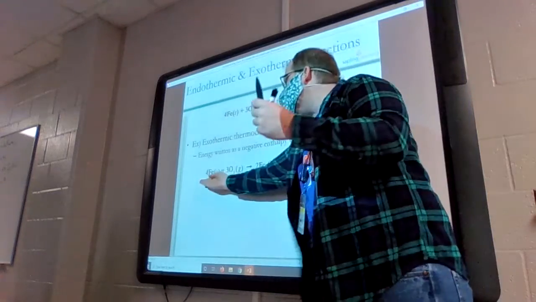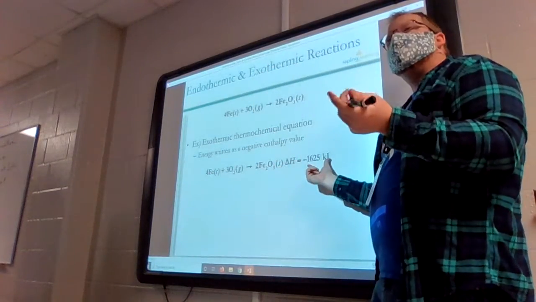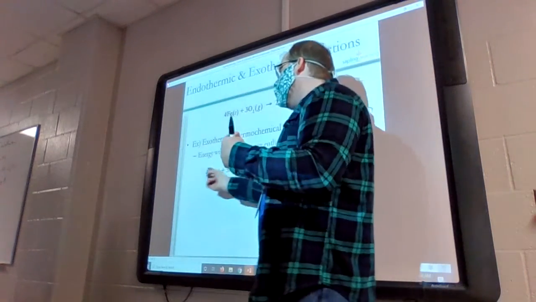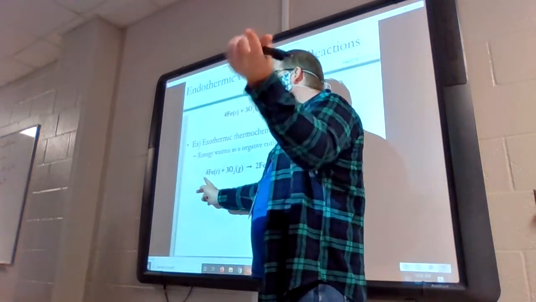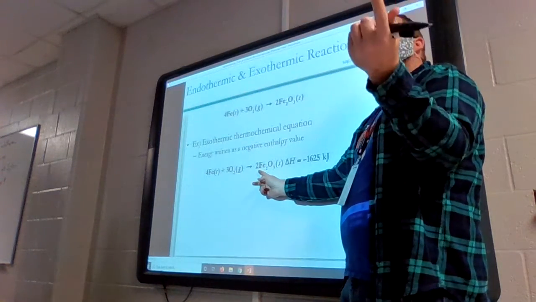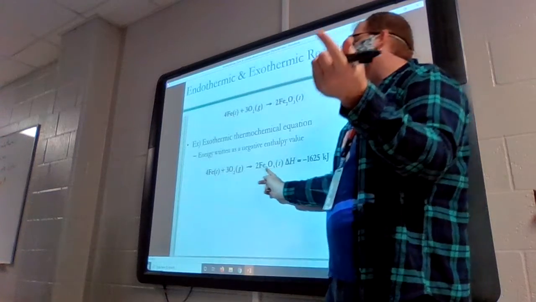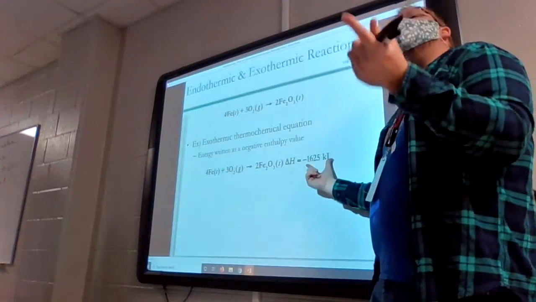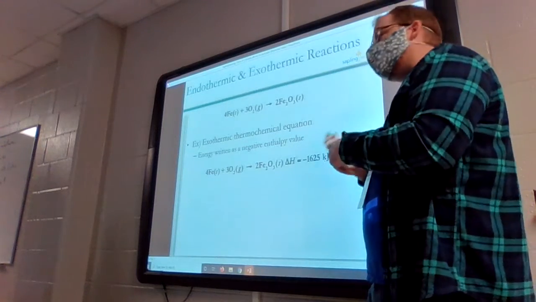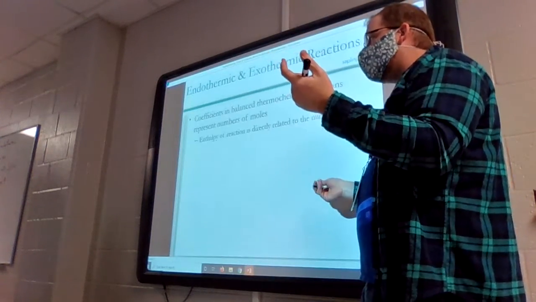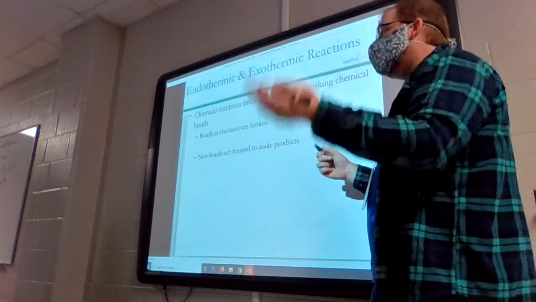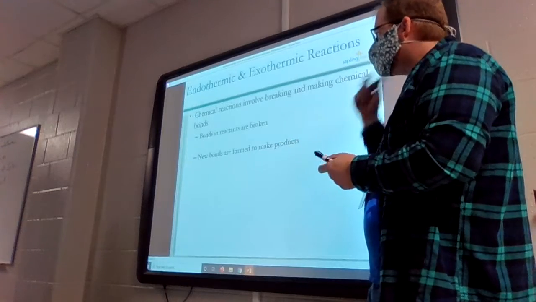If I have this equation and it releases this much energy, and I get another equation that looks exactly like this, but everything is 3 times bigger, I have 12 irons, 9 oxygens, and 6 iron oxides at the end, then this amount will be tripled. The more substance I have, the more energy I release or take in. You're going to look for that in a couple problems. They're going to give you a formula, multiply it, and want to know how much energy has been released.